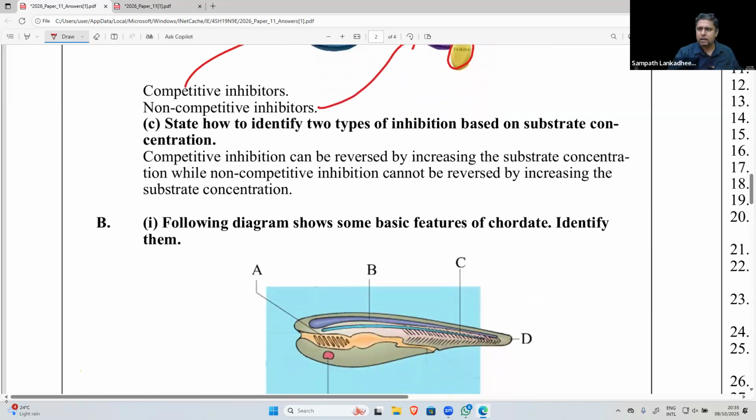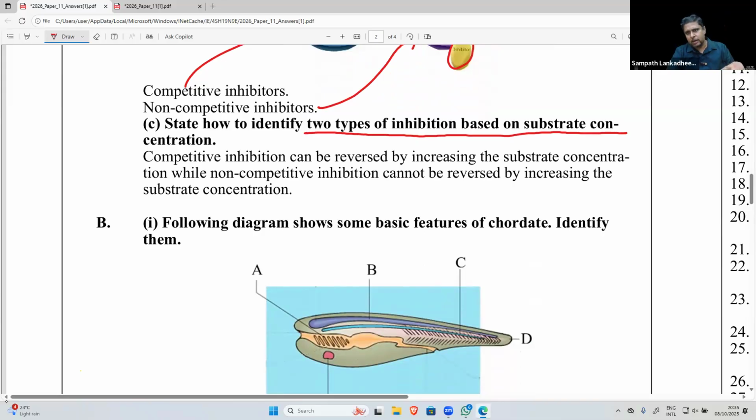State how to identify two types of inhibition based on the substrate concentration. What are those two types?